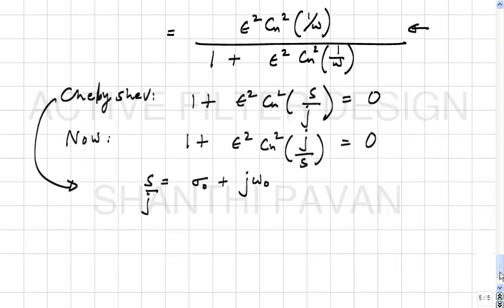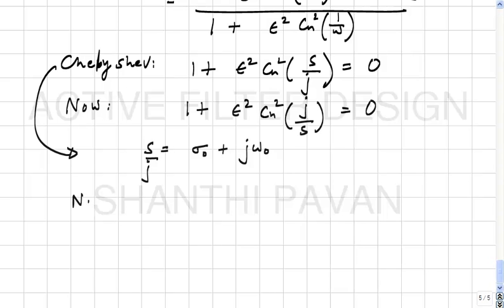Now, j by S is sigma naught plus j omega naught. Correct? Only the argument has changed from S by j to j by S. Okay. Which you can show is equivalent to replacing, in the Chebyshev denominator, S by 1 by S. Okay. All right.